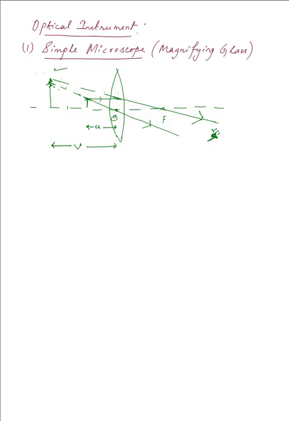But here we define the magnifying power in a different way. We define the magnifying power as the ratio of the angle subtended by the image to that subtended by the object.